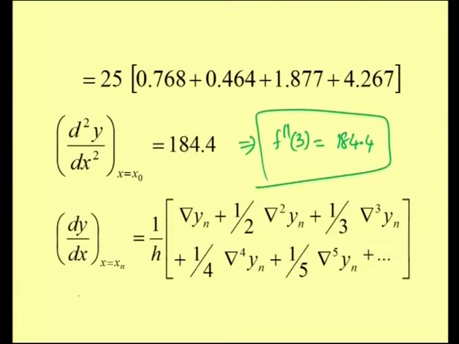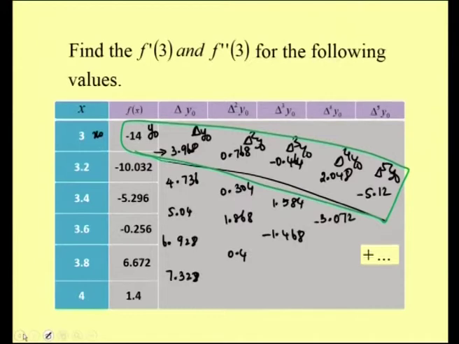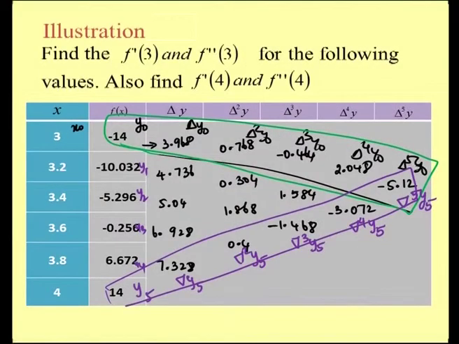Similarly, we can find out f dash of 4 and f double dash of 4, that actually 4 is the last x value. So, for that we use the Newton's backward difference formula differentiation, that is dy by dx at x is equal to xn is 1 by h nabla yn plus 1 by 2 nabla square yn plus 1 by 3 nabla cube yn plus 1 by 4 nabla power 4 yn plus 1 by 5 nabla power 5 yn plus etc. For that we will be using the last set of values.